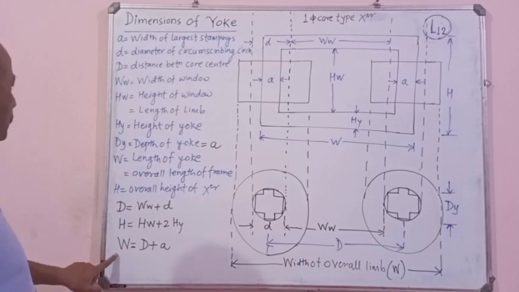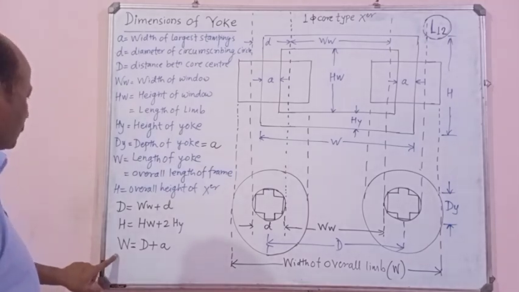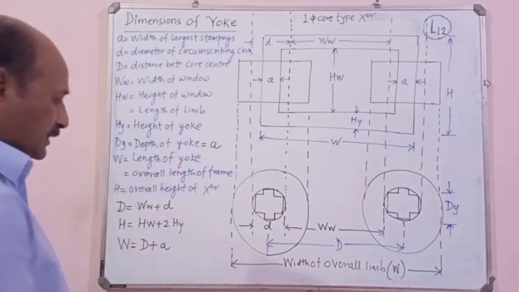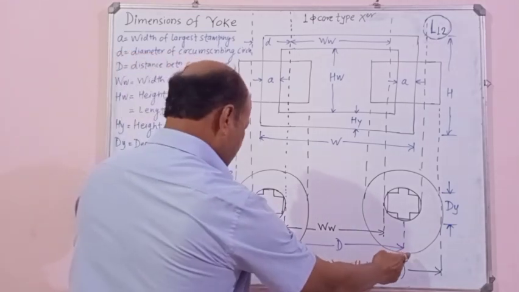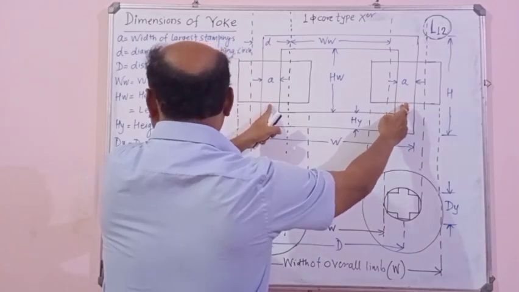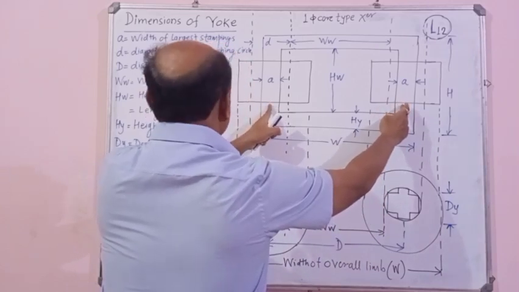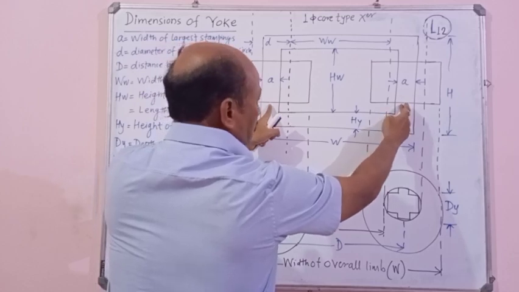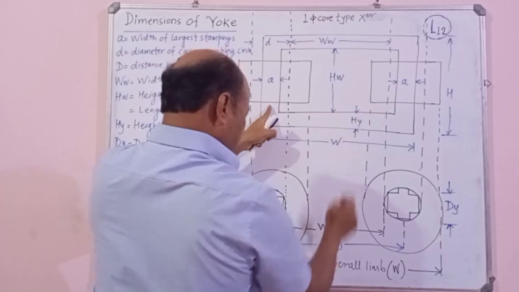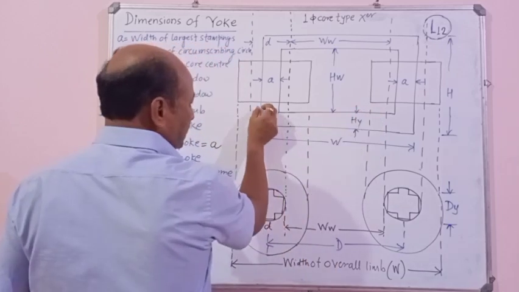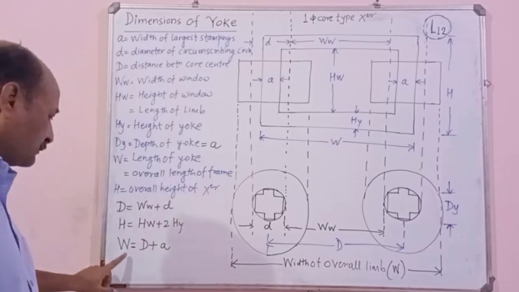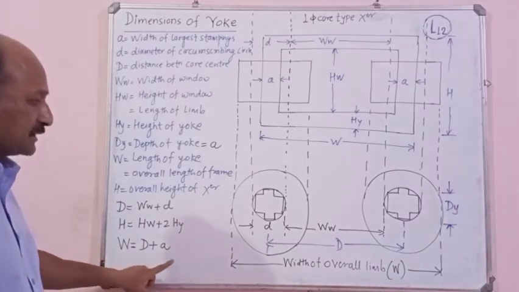How will you measure the length of the yoke? D plus a. What is D? D is the center to center distance between the core centers. Half of a and half of a are remaining. So W equals D plus a.